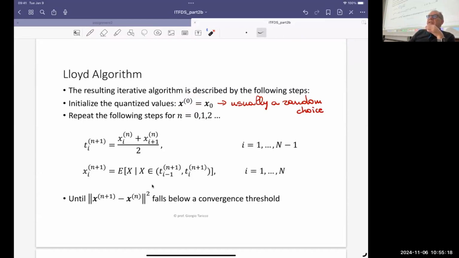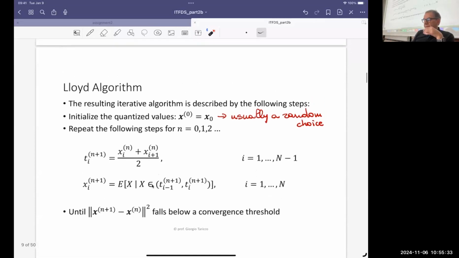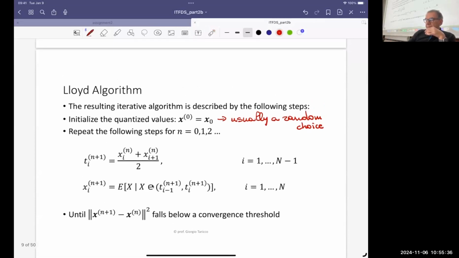And in that case, we can assume that the quantization points are positive and negative values, with some caution.